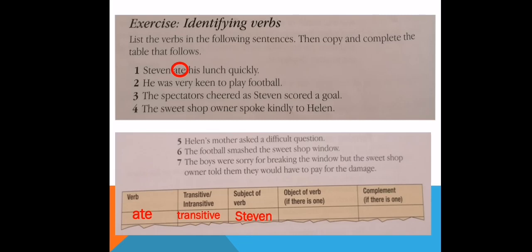The object of the verb, or the noun that is affected by the verb ate, is lunch. And a complement if there is one. Here we don't have a complement, so we're just going to go ahead and skip that. So you're going to carry on for all 7 example sentences, and I think that's pretty straightforward.